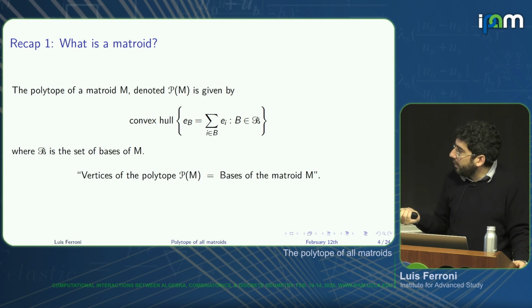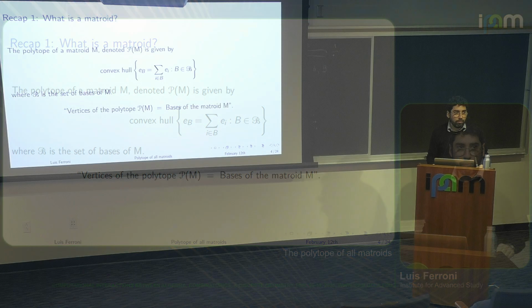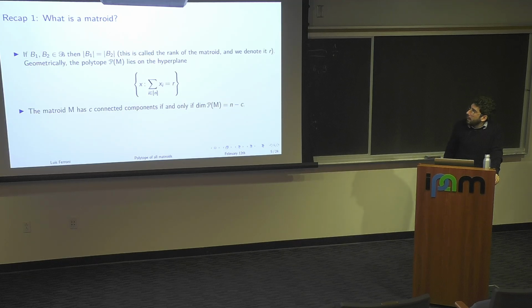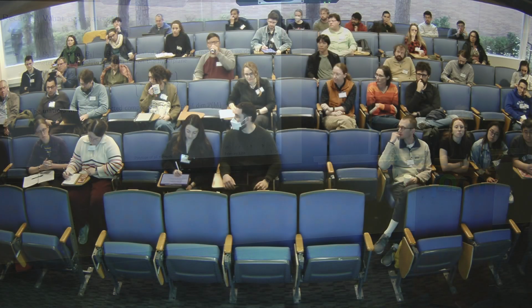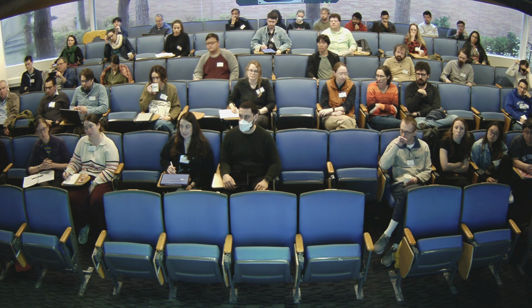What you have to keep in mind is that the vertices of this polytope P(M) are just encoding the bases of the matroid. Questions so far? Okay, let me move on. The edges are the exchanges. Are the symmetric exchanges, that's right, yeah.